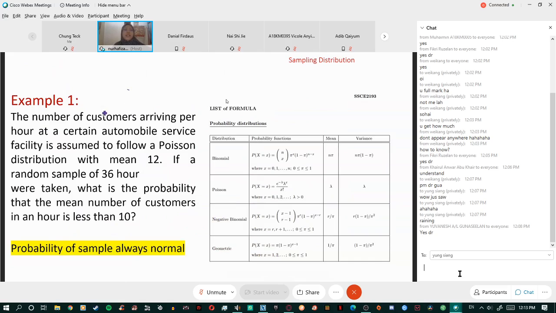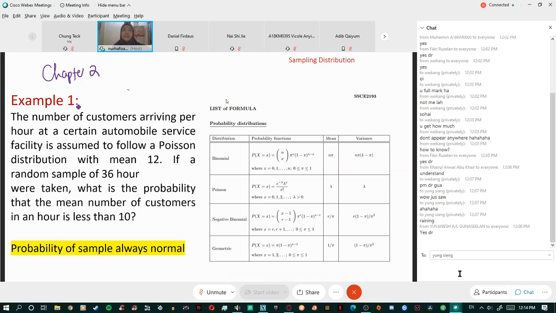This one I already showed you how to do, example 1. This one is for chapter 2. Starting in chapter 2, the probability is all for the normal distribution.